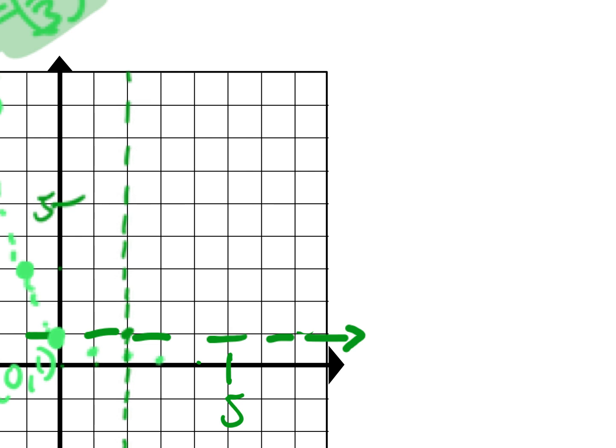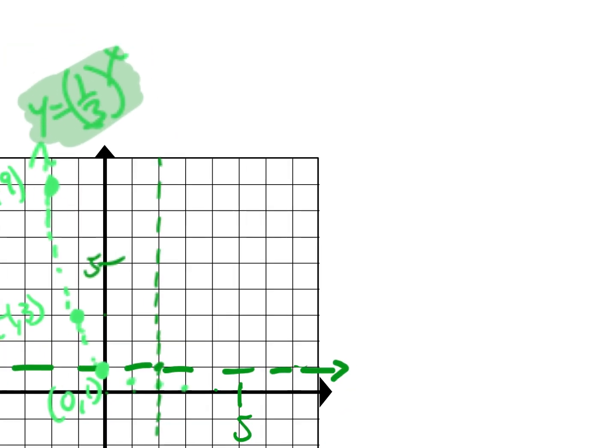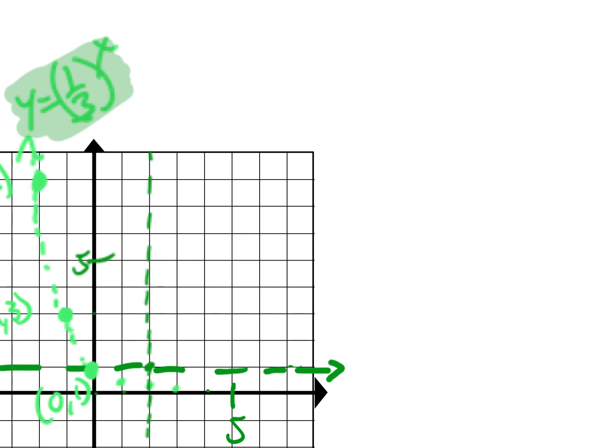And I think, okay, if this was the origin, then my curve for y equals 1/3 to the x would go through 0, 1. And then, since this is 1/3, it's decay. It's going down to the right. I'm going to go up to the left 3. Left 1, up 3.